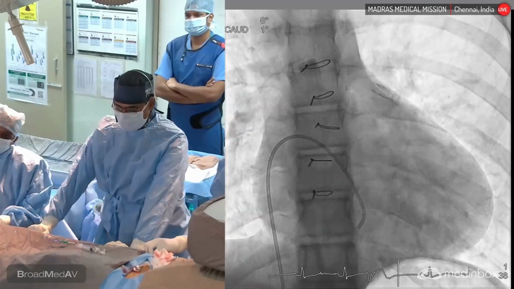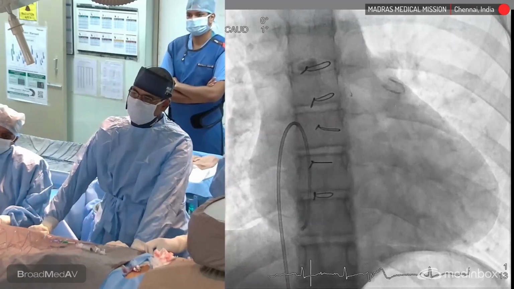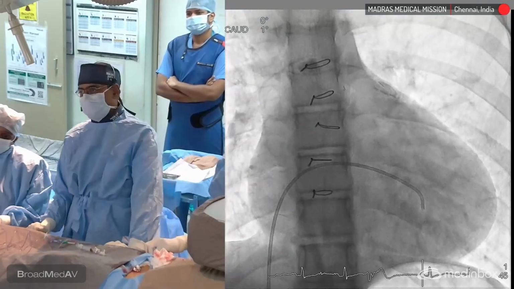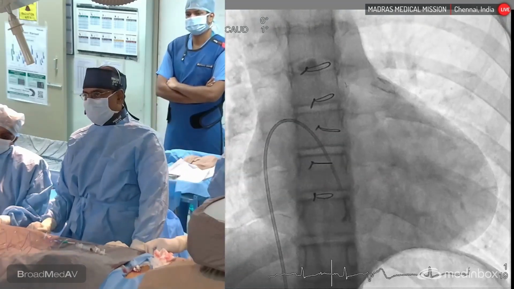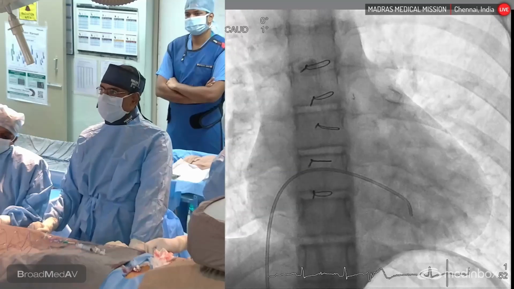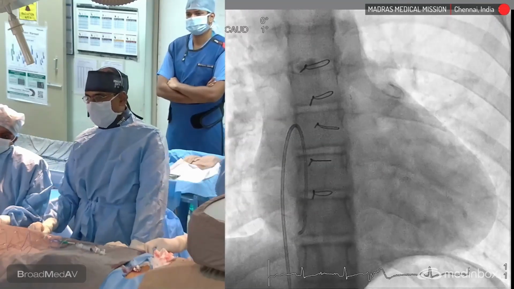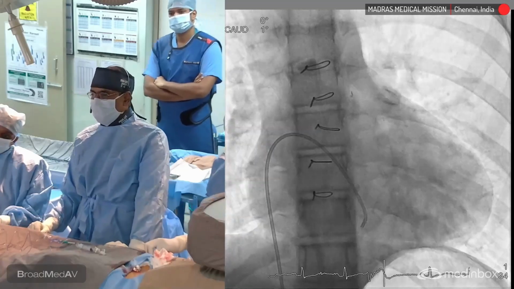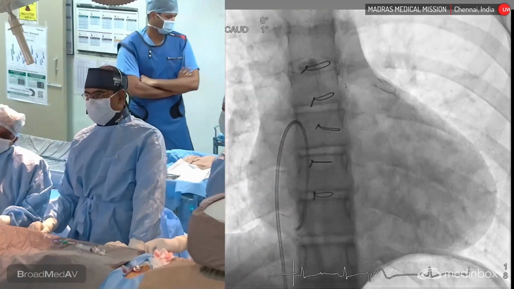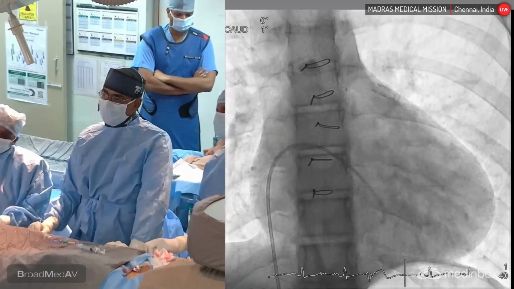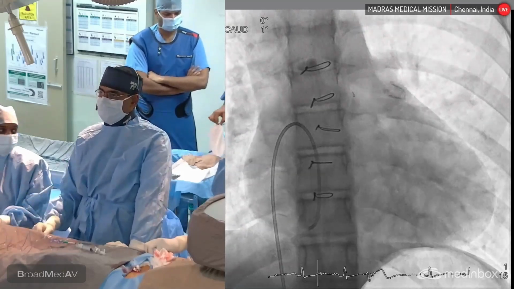Once we achieved this, the right atrial pressure was close to 11 millimeters of mercury, indicating significant systemic venous congestion. The right ventricular pressure was close to 100 millimeters of mercury against an aortic pressure of about 135, indicating RV pressure is almost more than 75% of the LV pressure.